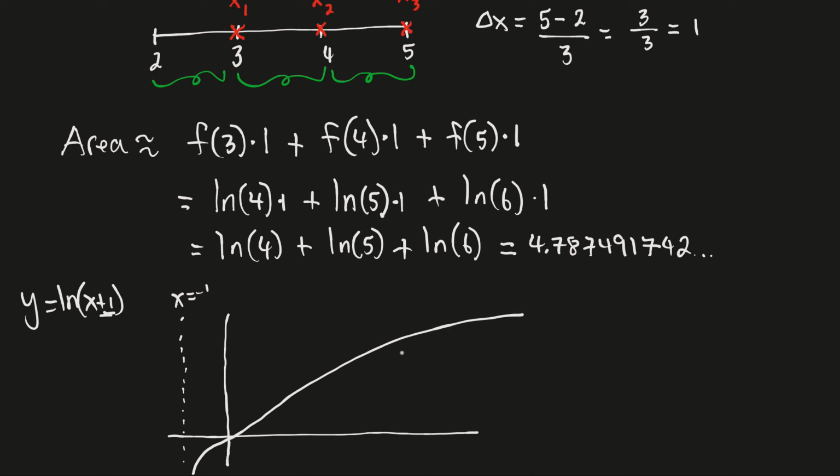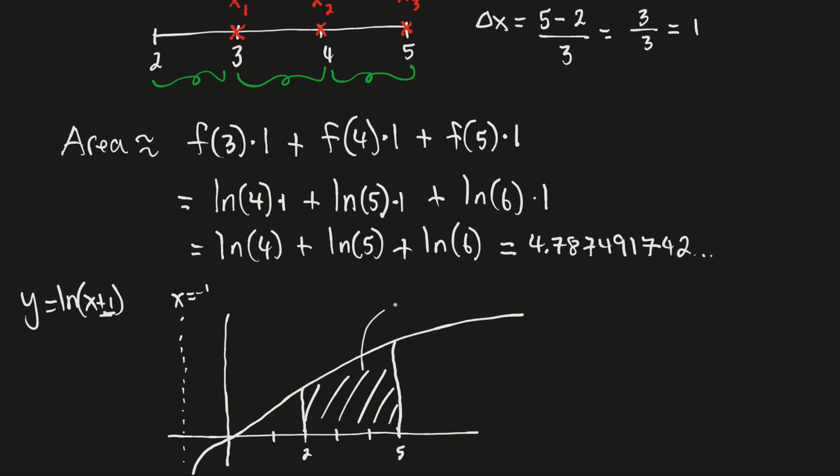So this is the graph, and so this is 0, here is 1, 2, 3, 4, 5. So the interval in this question was 2 to 5. And so the region whose area we just approximated, this is right here.